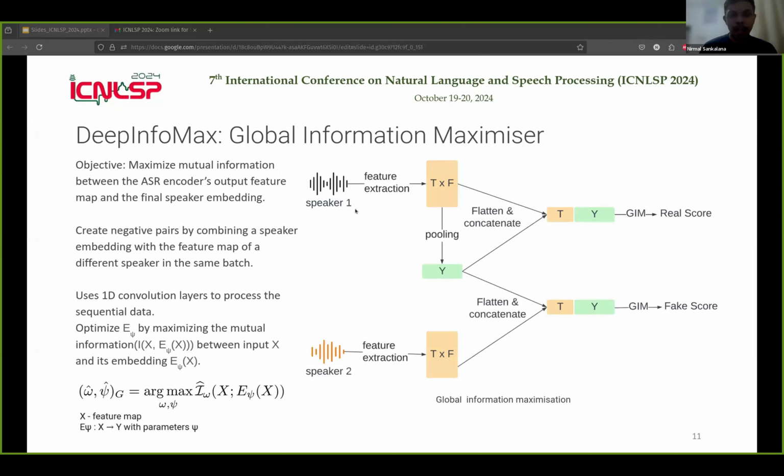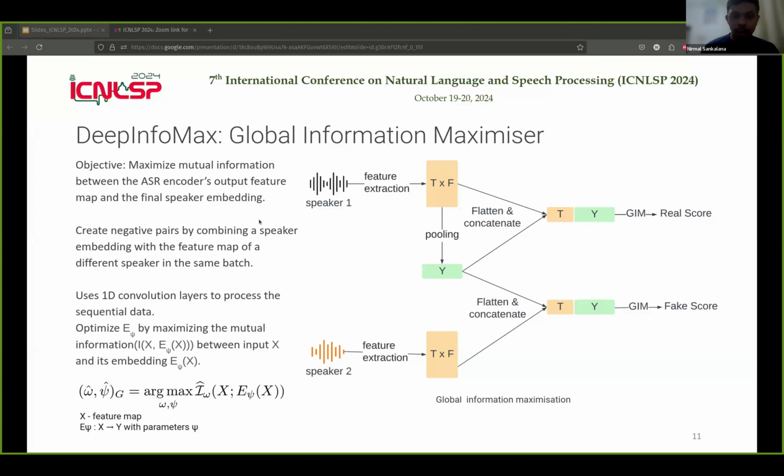To capture this, we need to create negative pairs. So we pick a different speaker's feature map and concatenate it with this speaker's final embedding and create a fake score, and we concatenate the intermediate feature map and its own final embedding and create the positive score.